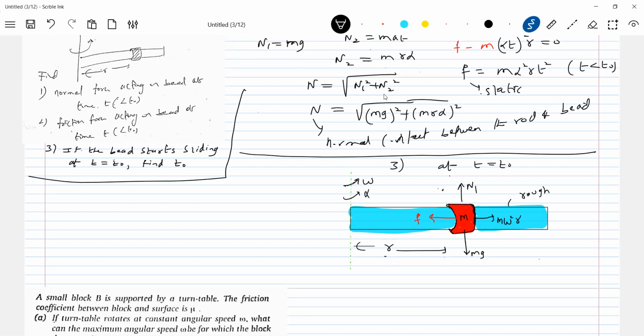What is this? Shall I put limiting? Yes. Again the same diagram. There will be a bead.